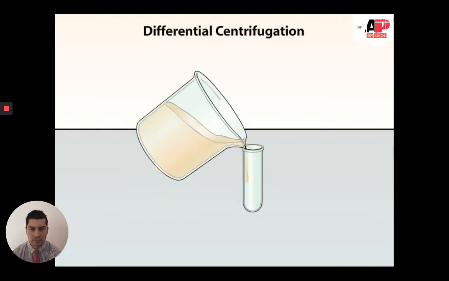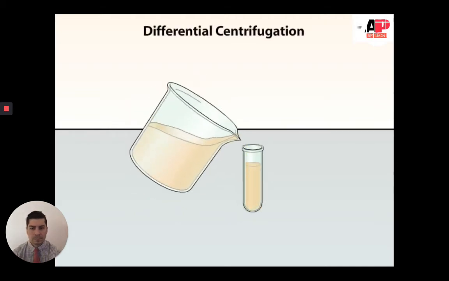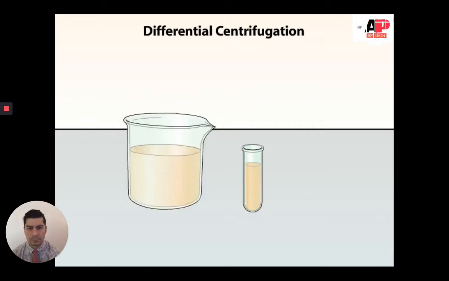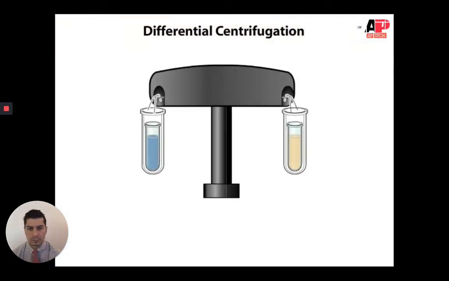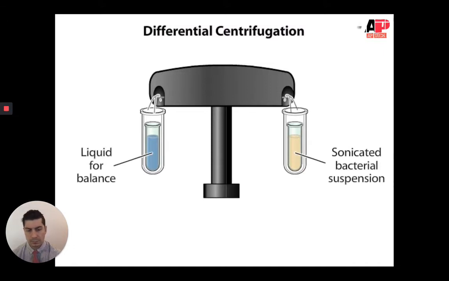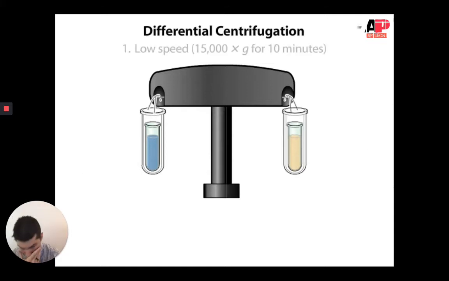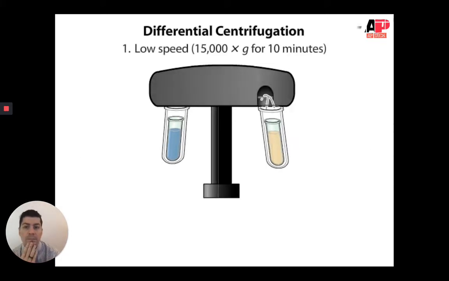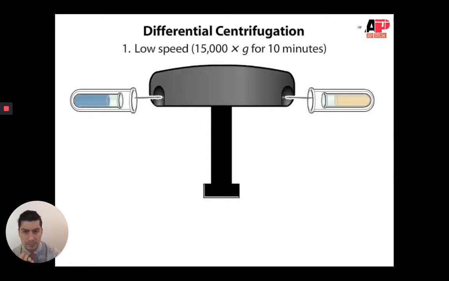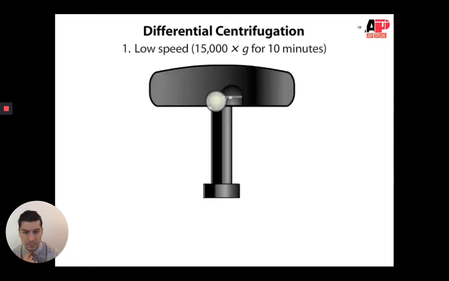In differential centrifugation, a tube is filled with sonicated bacterial suspension and placed in a centrifuge. A second tube contains liquid for balancing the centrifuge during its spin. The first spin is usually set at a low rotation speed, producing a centrifugal force of about 15,000 times the force of gravity.